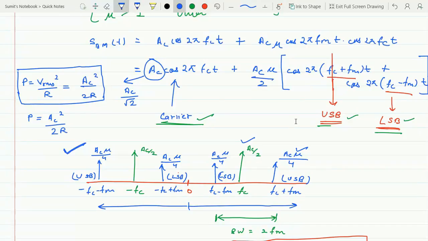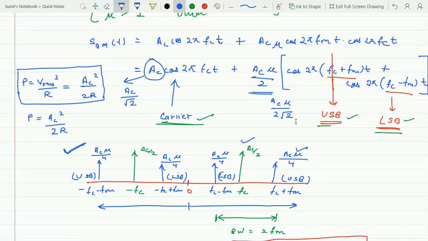Similarly you can also find it for the upper sideband and the lower sideband signals. What is the magnitude here? It's Ac mu by 2. This is a peak value. You can find the RMS value, which becomes Ac mu by 2 root 2.